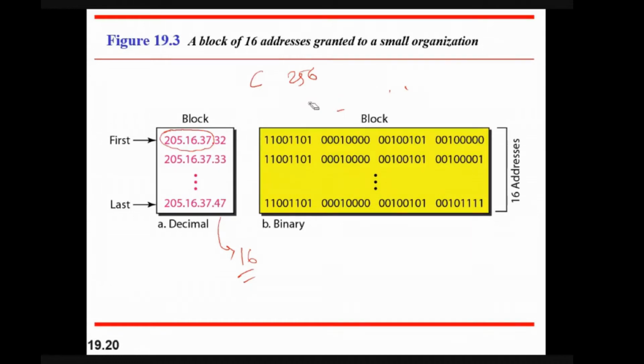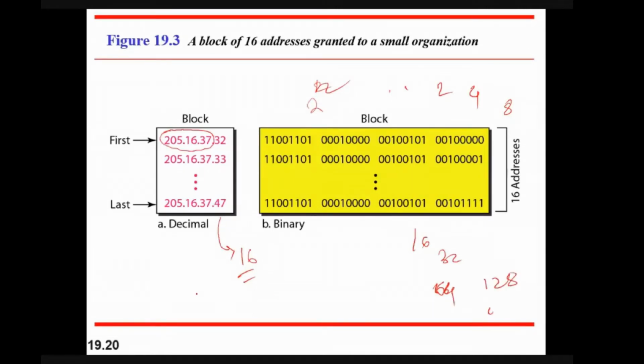So for using these addresses efficiently, classless addressing was developed, in which you can assign addresses in a range that is a power of 2. That means you can assign 2 addresses to some organization, or 4, 8, 16, 32, 64, 128, 256, and so on.